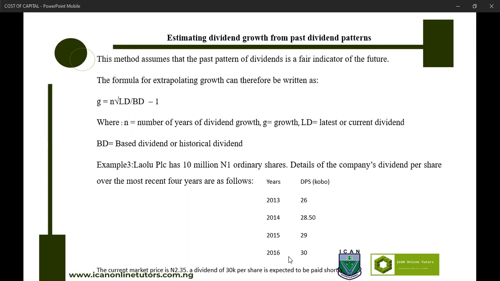What do we need here? The indication is how many years of growth we can have between the series of years that we have dividend. Are we there?